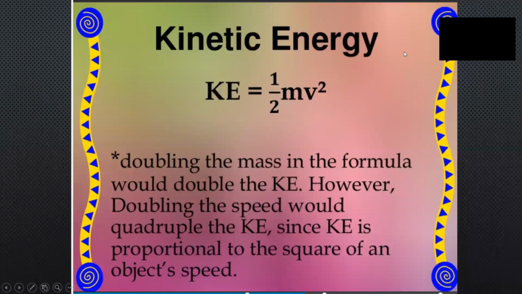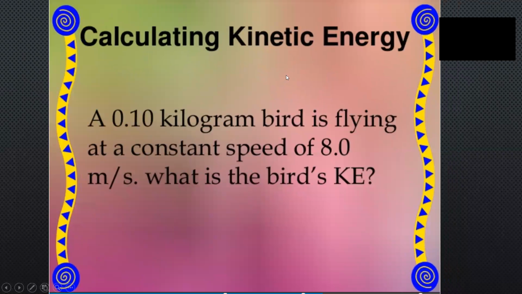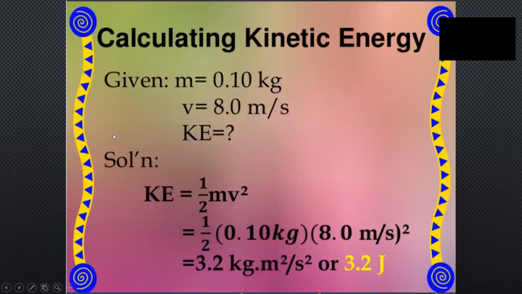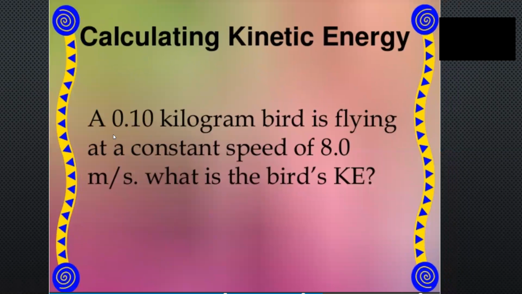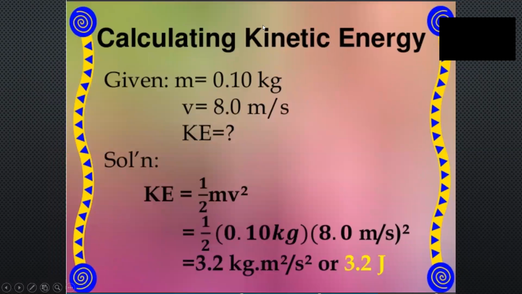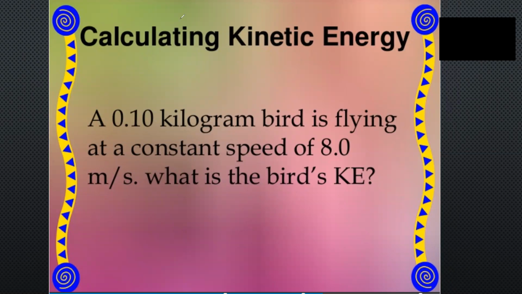Now let's calculate some examples of kinetic energy. A 0.1 kilogram bird is flying at a constant speed of 8 meters per second. What is the bird's kinetic energy? The bird is flying, so it's moving. I want to find the kinetic energy, so I need the mass and the speed.